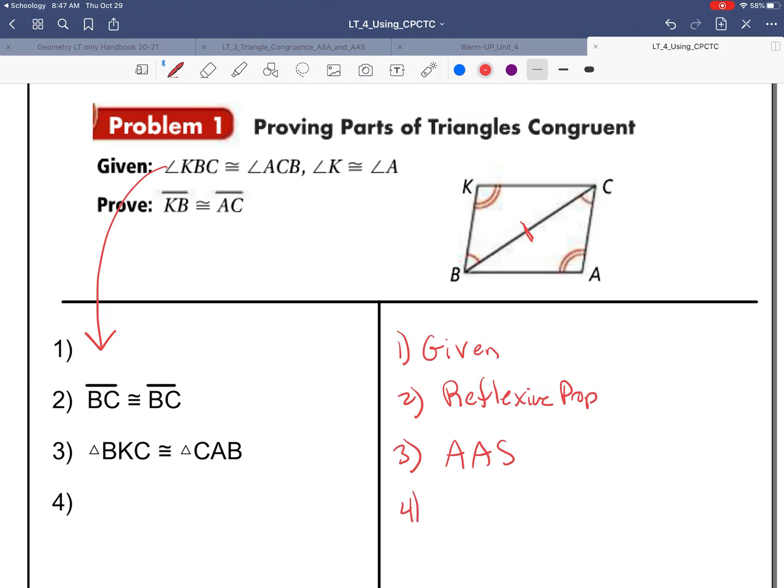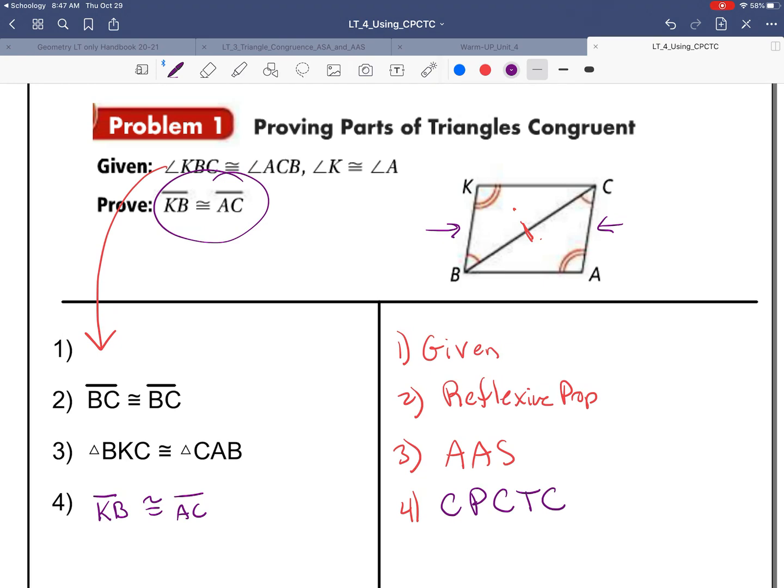Now that we've established these two triangles congruent, what I know is that all their corresponding parts are congruent. So to say that KB, this side, is congruent to AC, that's what I'm trying to prove. After I've established the two triangles congruent, I can say that's true because corresponding parts of congruent triangles are congruent.